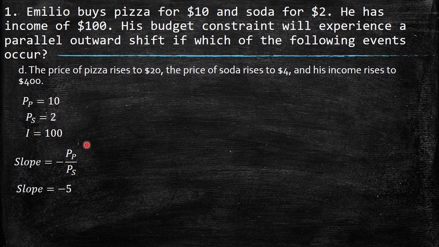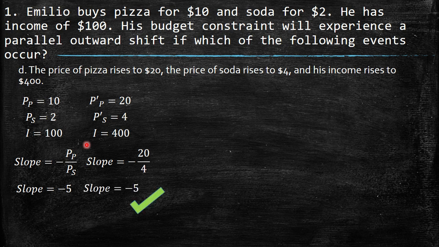Then going to the last one, this should be the good one. The price of pizza rises to 20, the price of soda rises to 4, and his income rises to 400. Then the price of pizza is equal to 20, the price of soda is equal to 4, the income is 400, so the slope should be 20, the price of pizza, over 4.